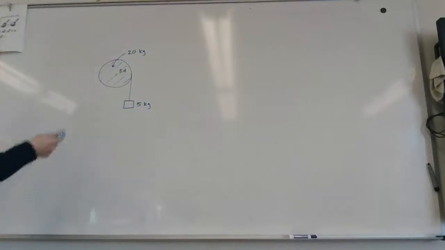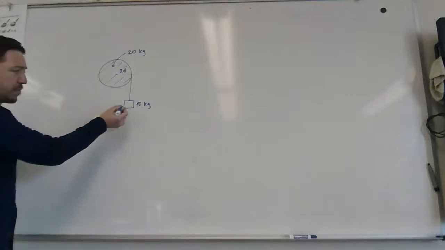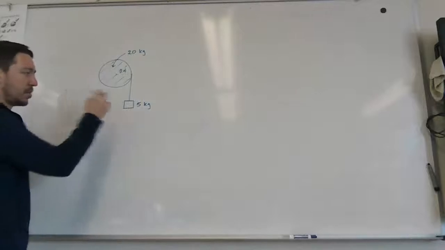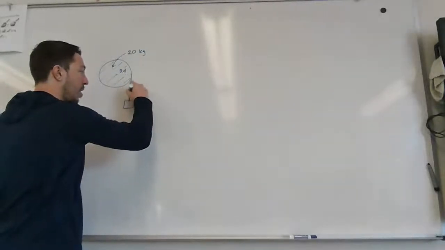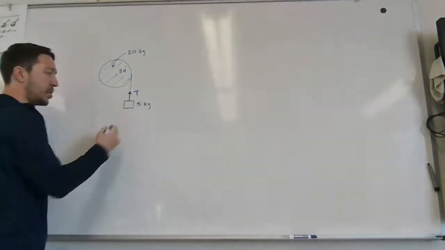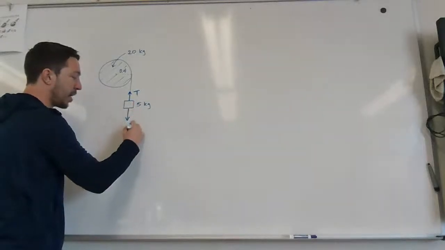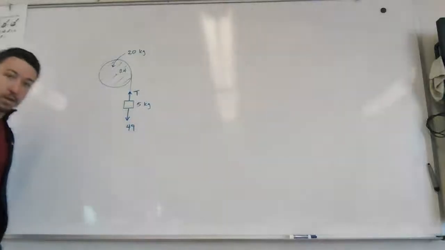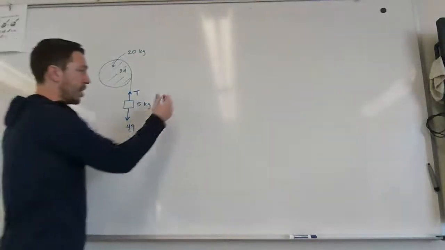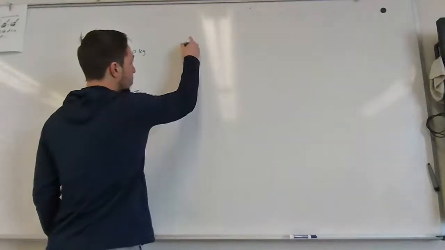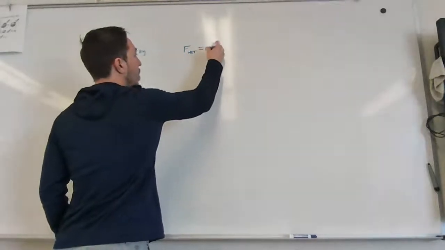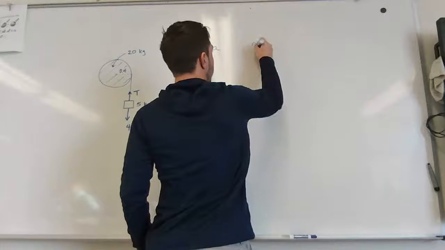Okay, so anyway, we're going to solve this kind of like the Atwood machine problem. What are the forces acting on this block? There's tension, and there's also going to be 49 newtons pulling down, right? So I can write a formula for that. For this problem I'm going to use F net equals MA, and I'm also going to use torque equals I alpha.